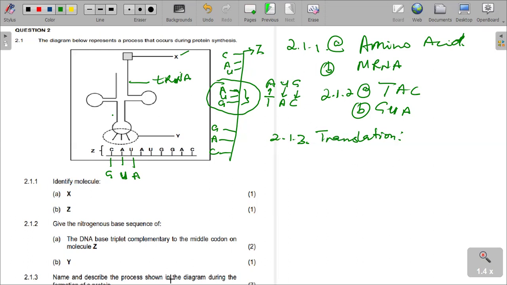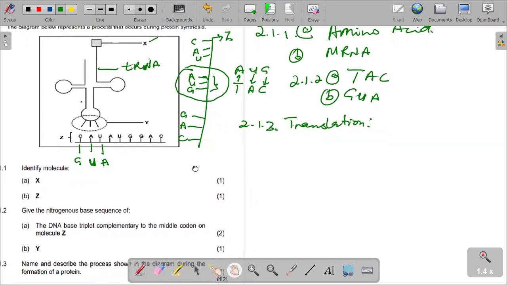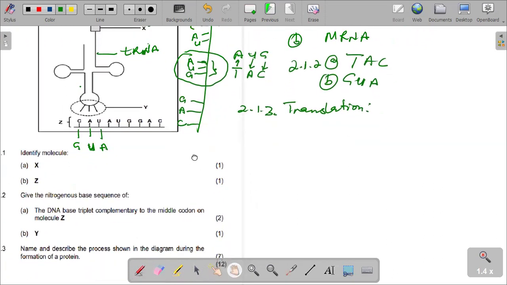Let me just increase my spacing so we can do this quickly. Name and describe the process.